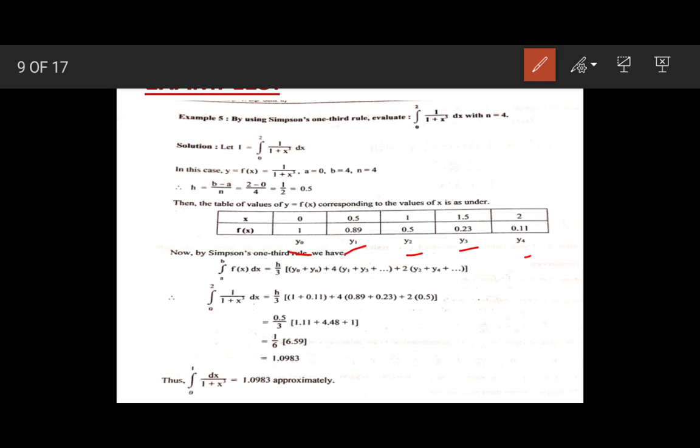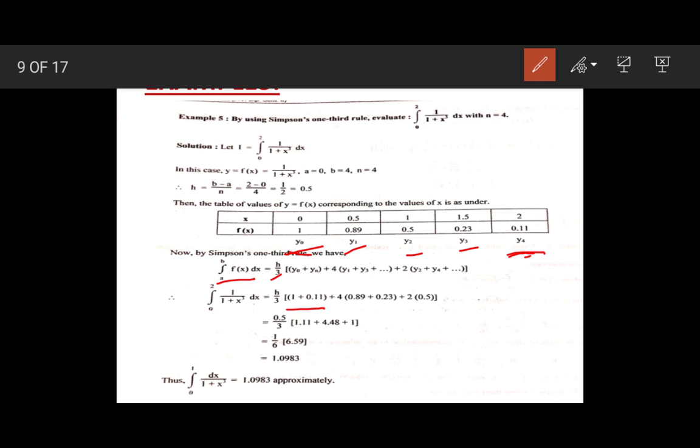Now we are going to write the Simpson's 1/3 formula. So Simpson's 1/3 formula says that integral a to b f of x dx is equal to h upon 3 into first value plus last value. So y0 plus y4.